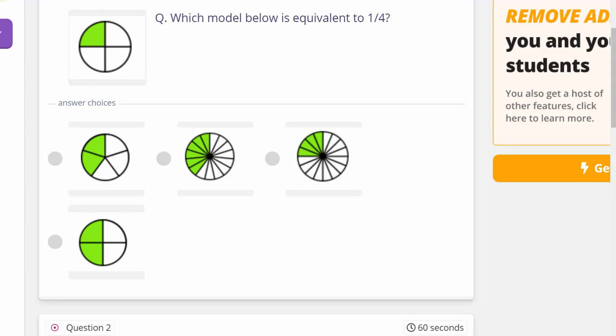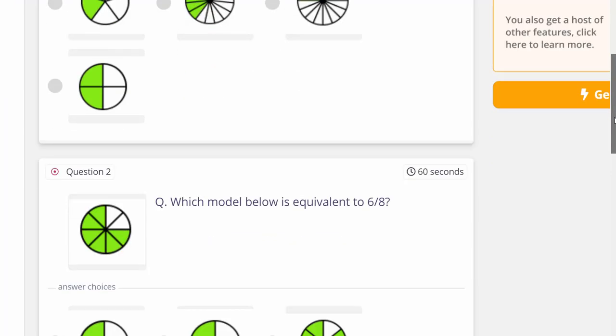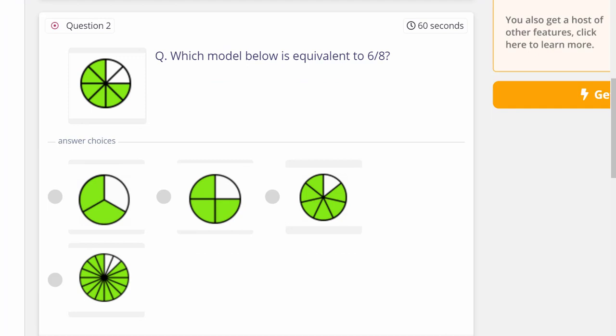Okay, let's move to the next one. Okay, Ali. Which model is equivalent to 6/8? Which one is the same like this one? The second one? Excellent, this one.